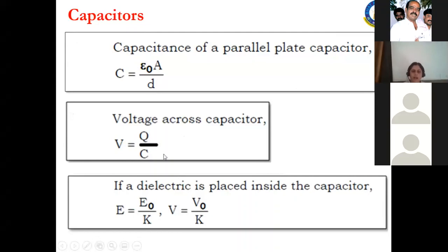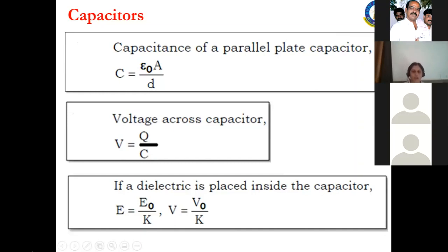If any other dielectric medium other than air is included between the plates of the capacitor, then the field, potential, voltage and force all vary. How it varies: K is the dielectric constant of the dielectric medium we are using.